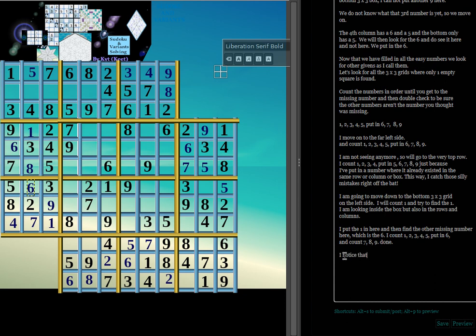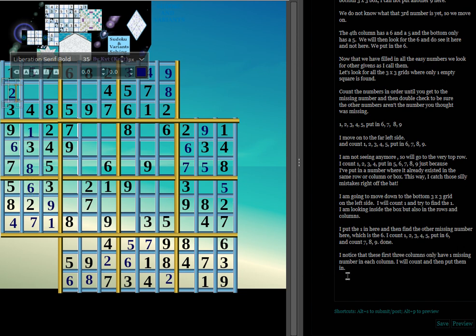I noticed that these first 3 columns only have one missing number in each column. I will count and then put them in. 1, 2, put the 2 in.